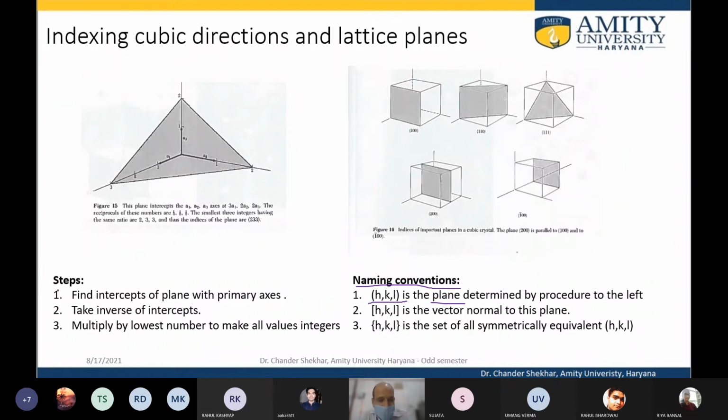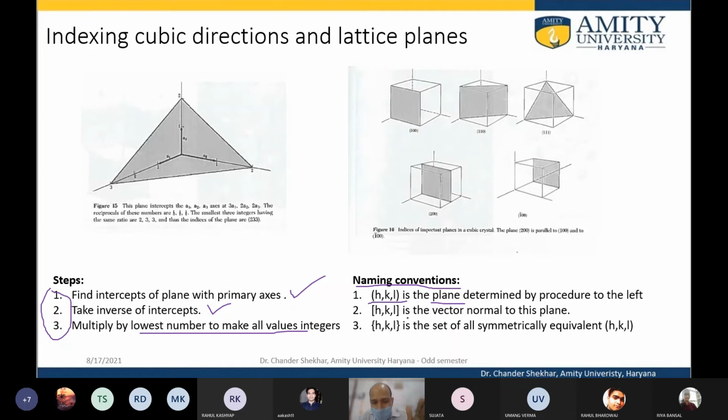The Miller indices of a plane are determined by all these steps: find the intercepts, take the reciprocal of the intercepts, and then find the lowest number to make all the values integers. All those fractions are to be reduced to whole numbers. So once you write the Miller indices in normal brackets, that will represent the plane.